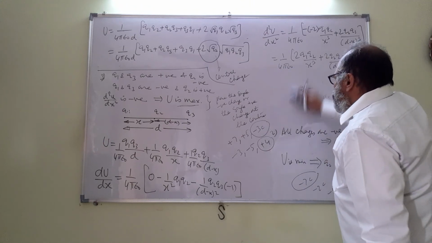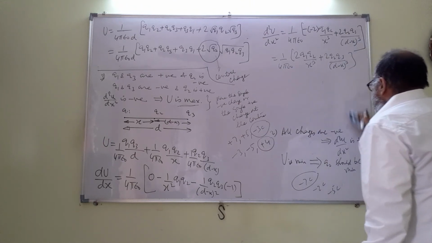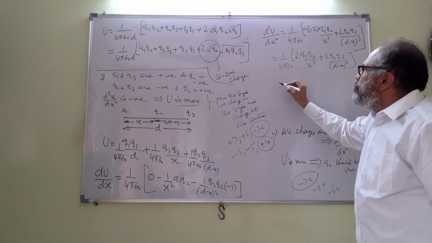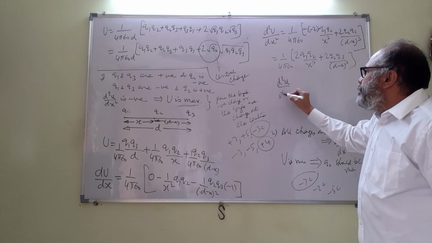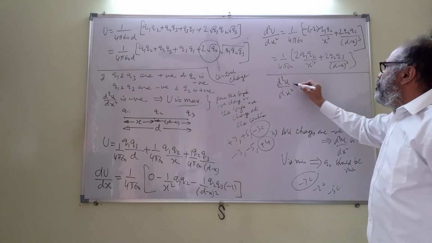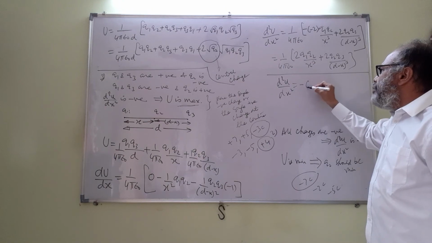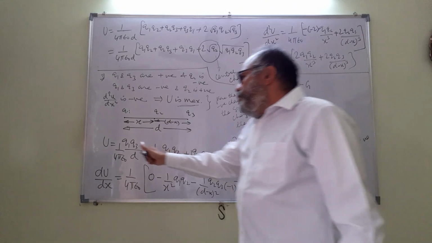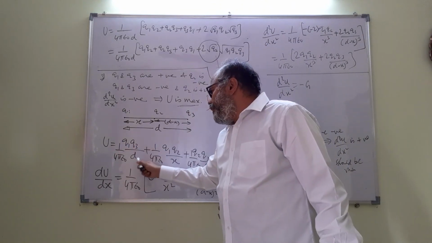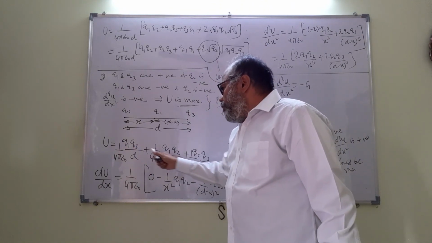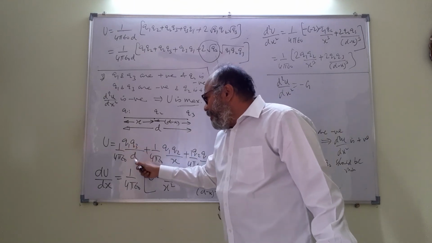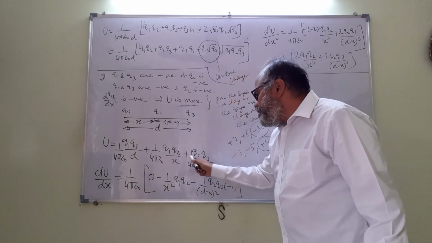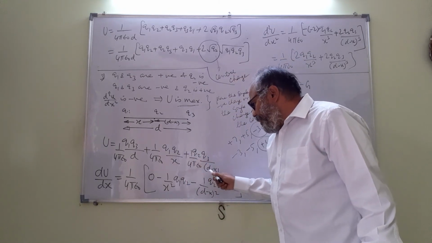For d2U by dx squared, 1 by 4 pi epsilon naught we put as minus G, because the potential energy terms are minus G m1 m3 by d, minus G m1 m2 by x, minus G m2 m3 by d minus x.